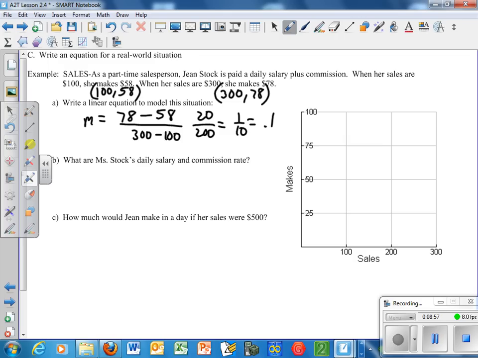So now we go into y equals mx plus b, or point slope. And I'm actually going to come down here. We have to write the equation. So let's come up here above the graph. I'm going to go y equals mx plus b. My slope is 0.1. I pick an x and a y value. So I'm going to pick from this point right here. My y value is 58. My x value is 100.